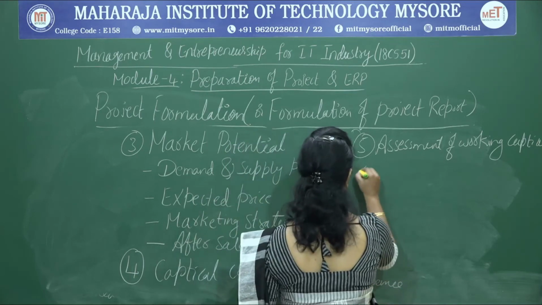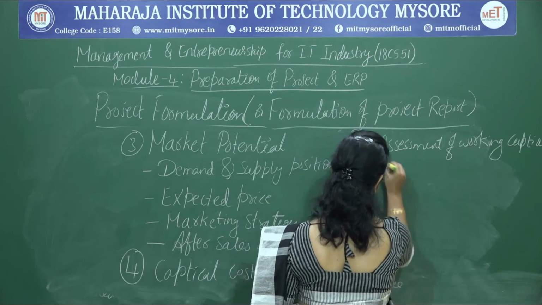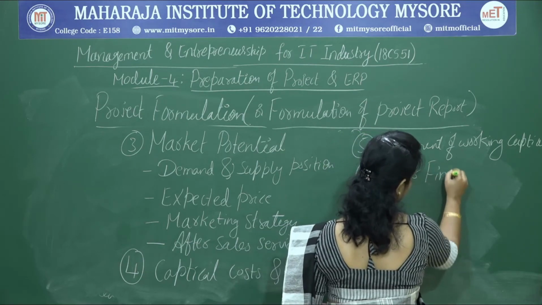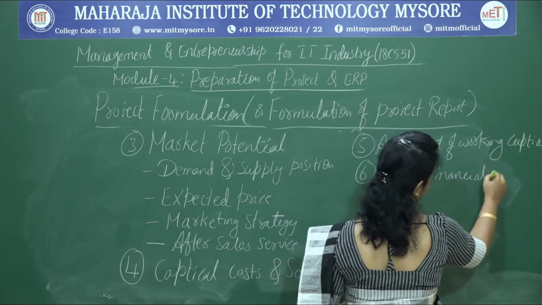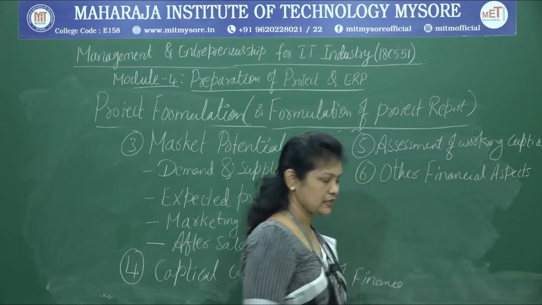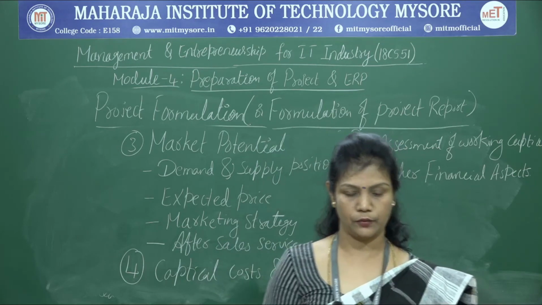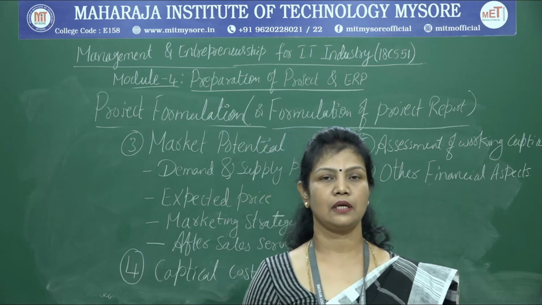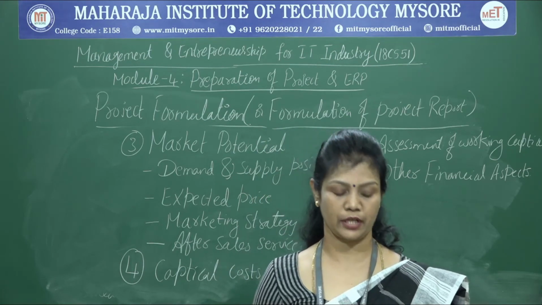And the next one is other financial aspects. Means the amount which is needed in order to have a look into the cost of production.